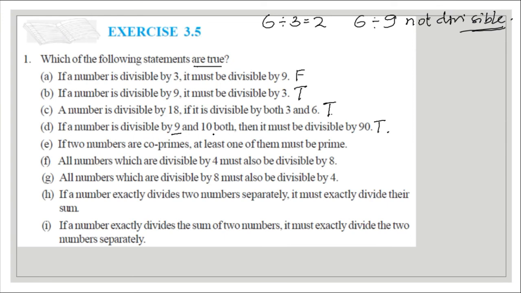If two different numbers are there, if a number is divisible by both these numbers, then the product also will divide that number. Next statement E. If two numbers are coprime, at least one of them must be prime. So this is a false statement. It's not necessary, both can be prime.